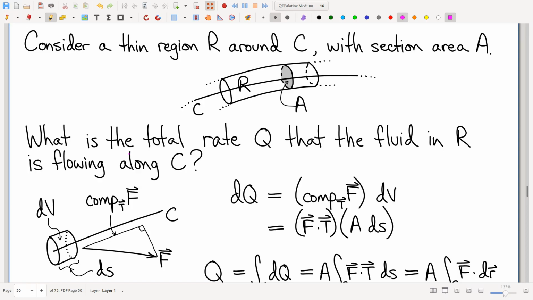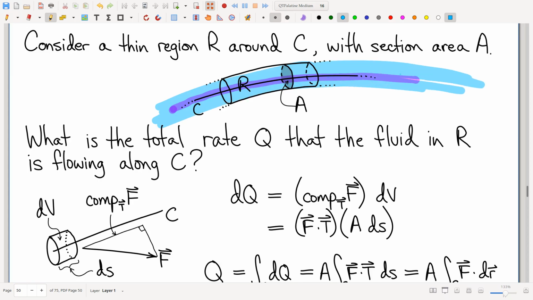So the way I'm going to segue into this is I'm going to consider a different question. Here's the question. We have a curve over which we're going to eventually be doing a line integral. And I want to imagine that there is a certain amount of fluid in the vicinity of that curve. In particular, imagine that I have an area perpendicular to the curve, and I drag that area along the curve, and that defines a tube-shaped region.